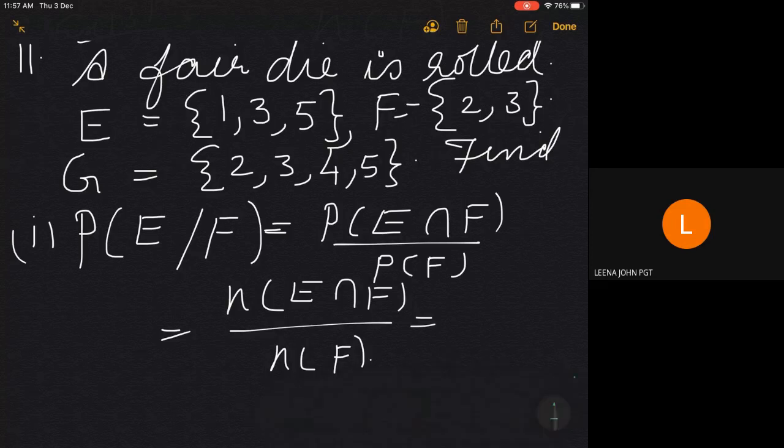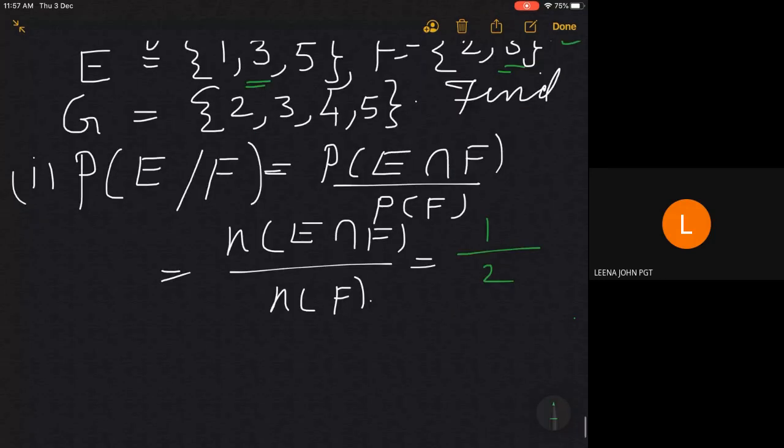You can see that it is 3. So N of E intersection F, the number of common elements of E and F, is 1 only, which is 3. So we will write 1 by N of F. Count the number of elements of F, there are 2. So the answer is 1 by 2.